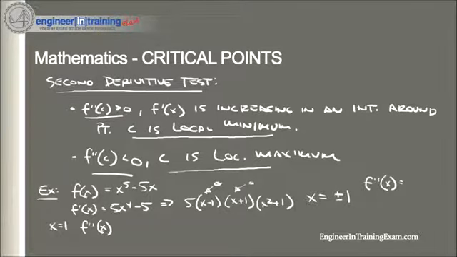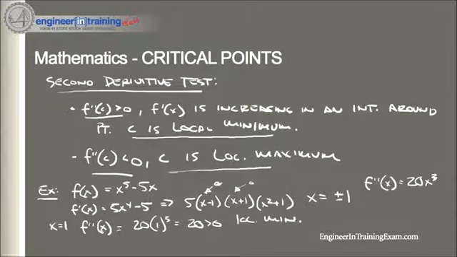The second derivative is going to be 20x to the 3rd. So let's just plug in 1, 20 times 1 to the 3rd, which is equal to 20, which is greater than 0. And since that is greater than 0, then we know that at 1, that's going to be a local minimum.